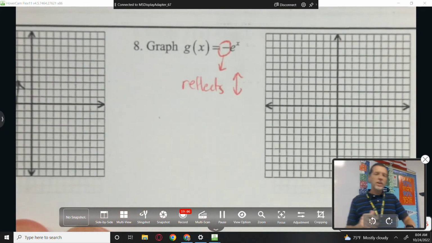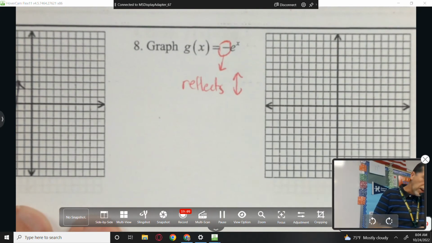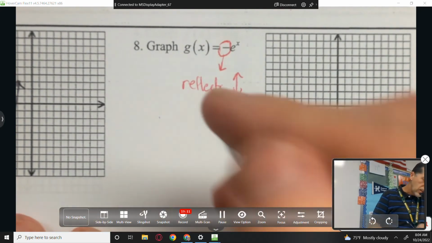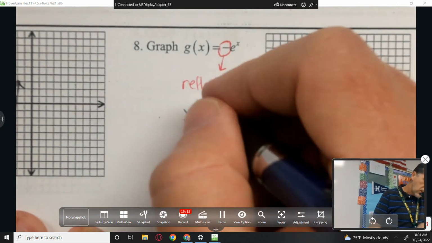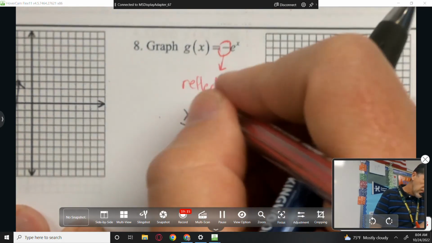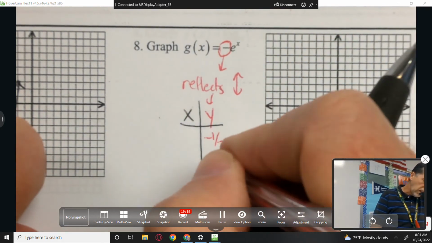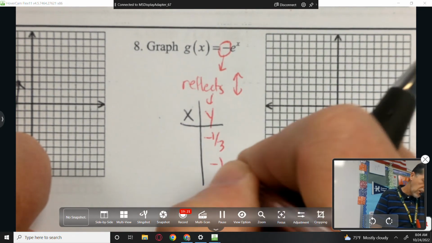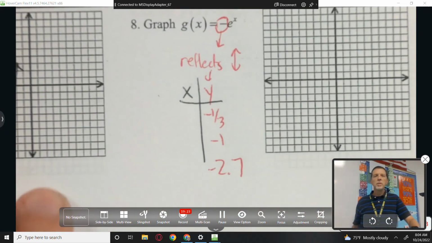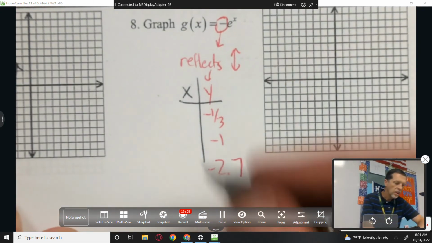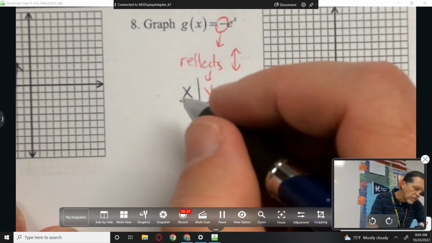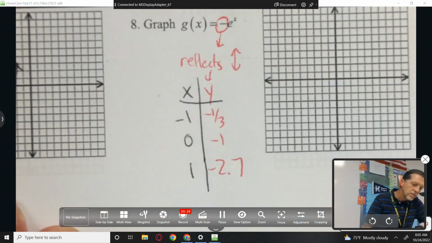I'll just say it reflects up and down. It changes the y coordinate. So all my y values are negative now. Just copy them down from the original table. Nothing changed with the x values: negative 1, 0, 1.